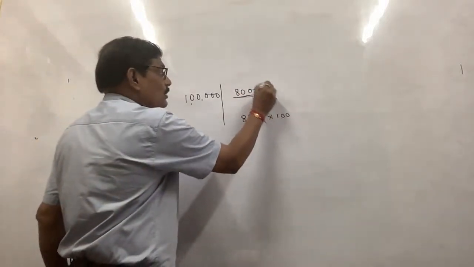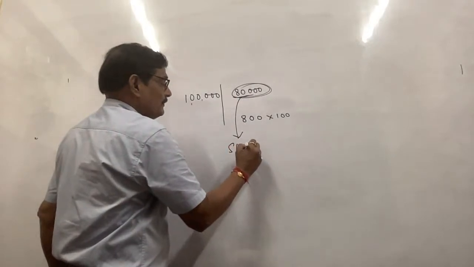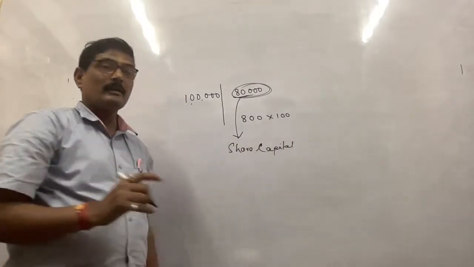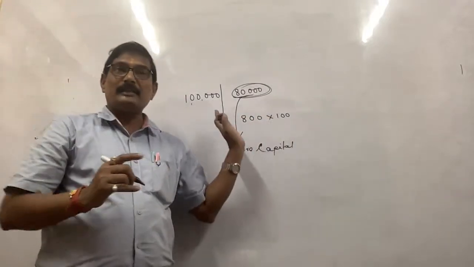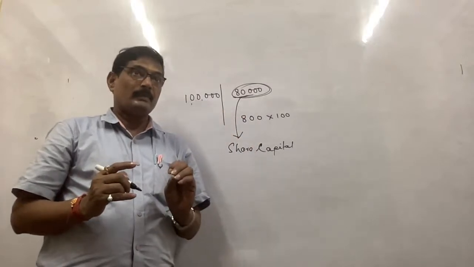So this 80,000 rupees is known as share capital, and the holders of these 800 shares are known as shareholders, right?